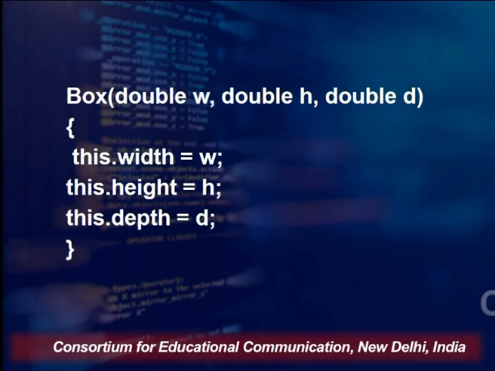But within the body, what we had written earlier was width is equal to W, height is equal to H and depth is equal to D. That means the values of the parameters which are supplied from outside are going to be stored in the width, height and depth. Of whom? Of the object which is being initialized or created with the help of this Box. So here we have written this.width, this.height, this.depth.